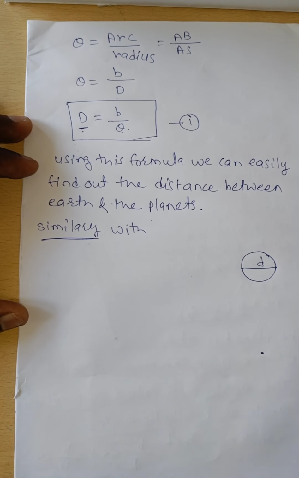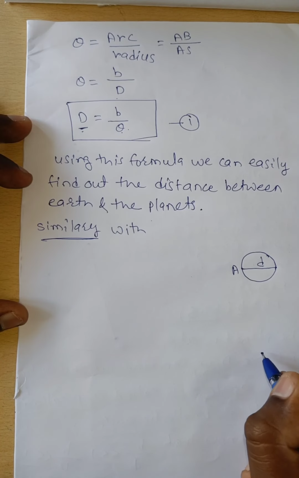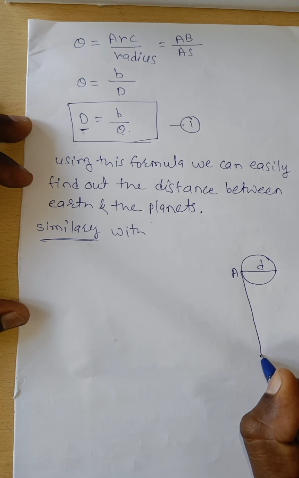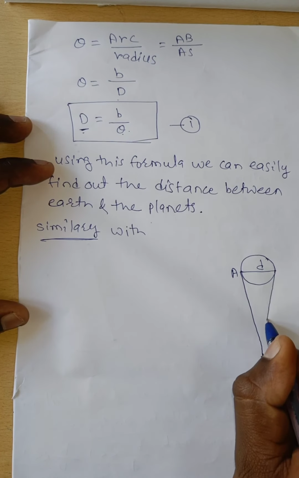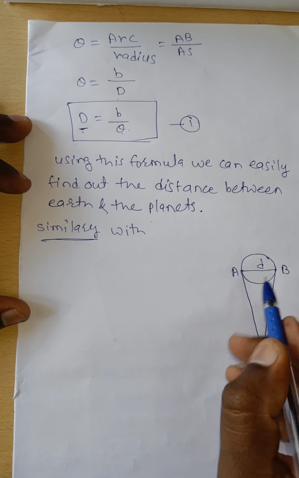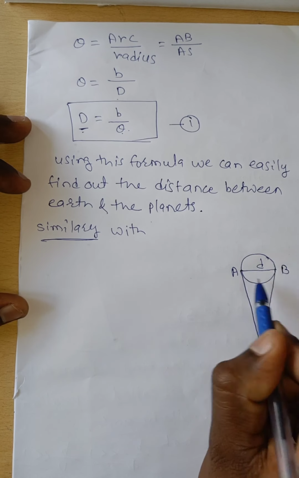We have to observe one end of the planet from the earth's surface, and another end of the planet from the earth's surface.